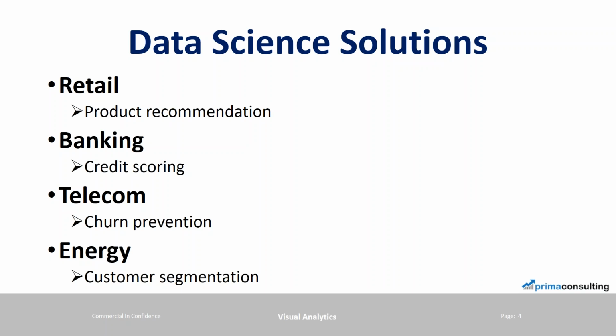Online retailers use customer information and their purchasing history to predict what product each customer is going to purchase next.